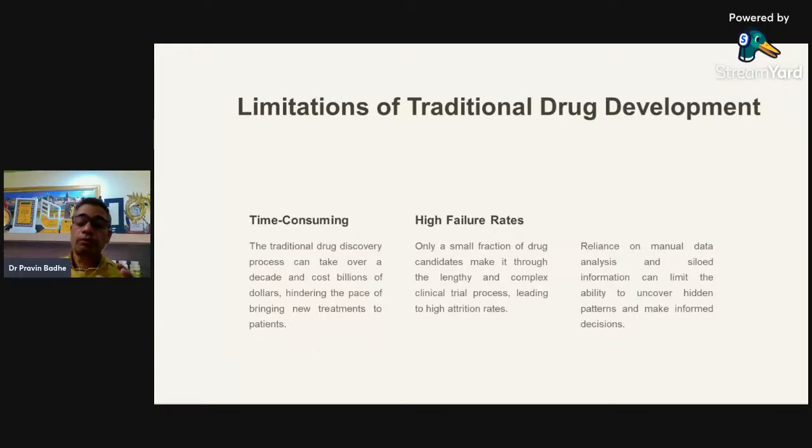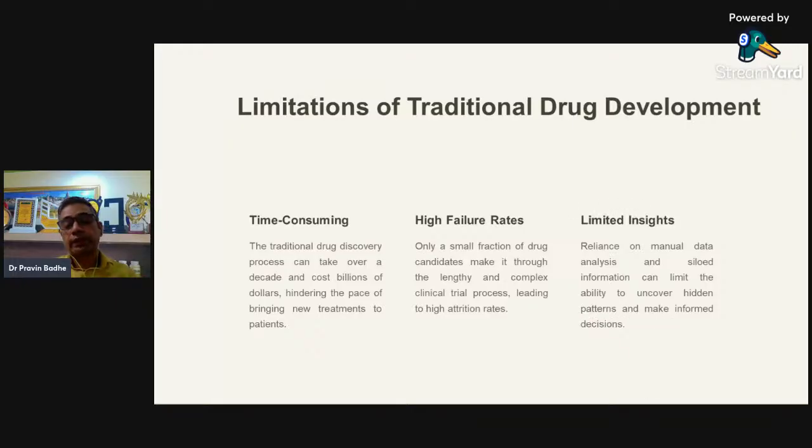The number needed to be high so that some could actually go into the clinical trial. And again, it was making the clinical trial more complex, and most of the time there was a very high fallout of the molecules.